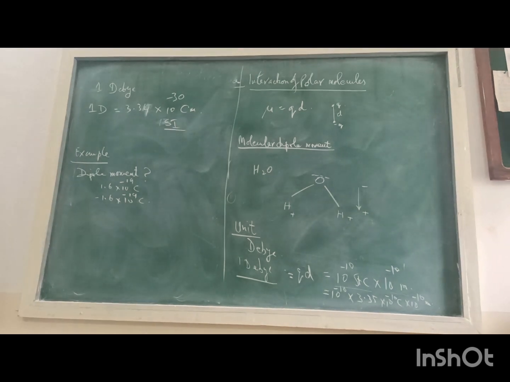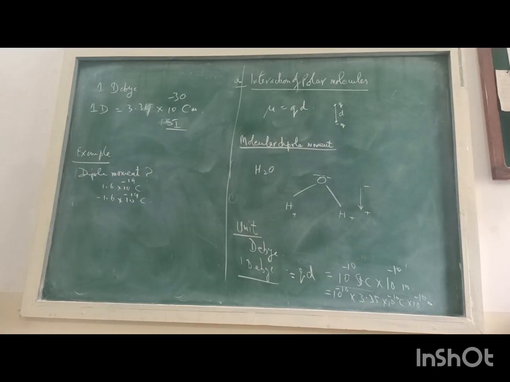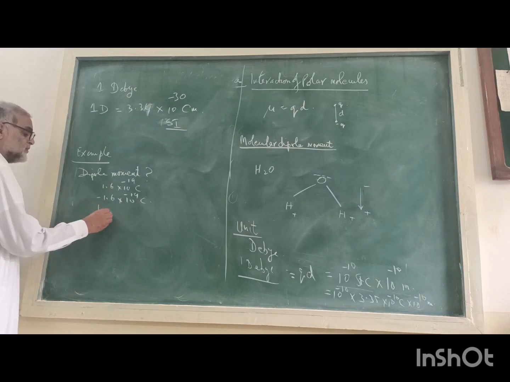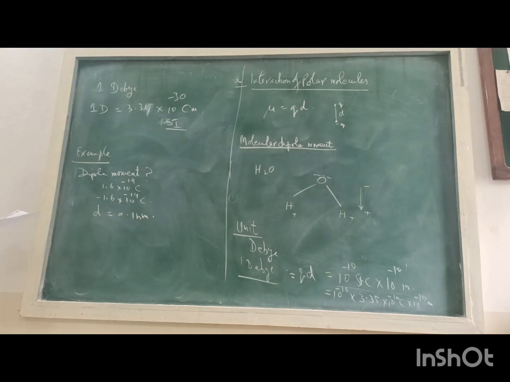These are two electronic charges, separated by a distance of 0.1 nanometer, we can say 1 angstrom.